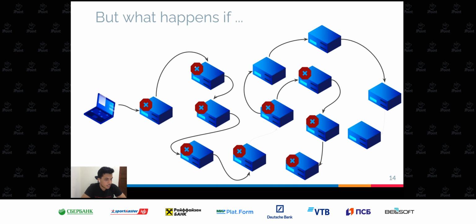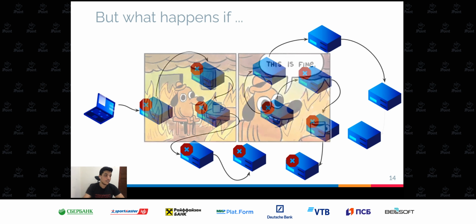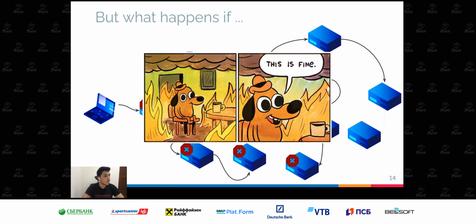The small problem that started at service Y brought your whole application to its knees. And this is how we look as developers and operations, trying to understand what is happening, trying to figure out why our system is becoming unhealthy, and trying to bring our application back up again.